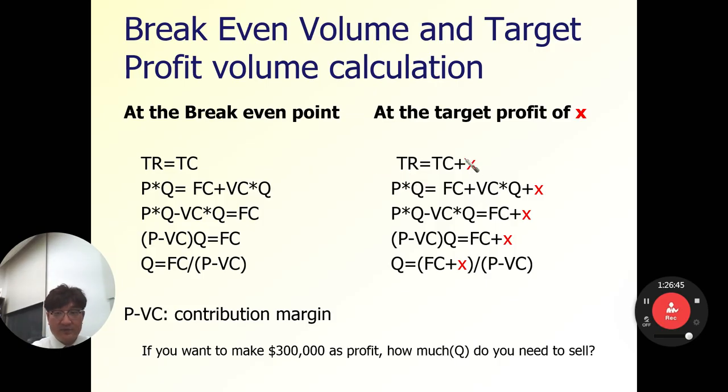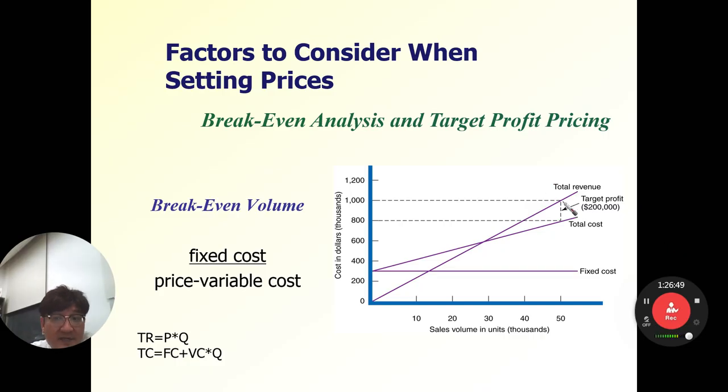Let's do it the same way, all right? Actually, I need to go back again. What is the target profit point over here? The profit is the difference between these two points. So total revenue is $200,000 more than total cost.